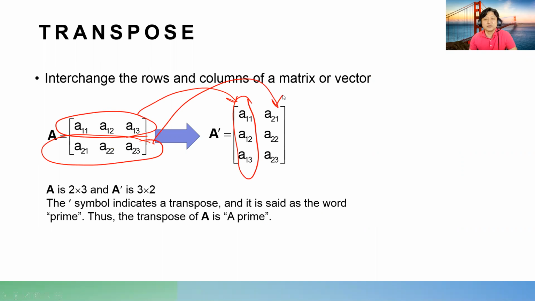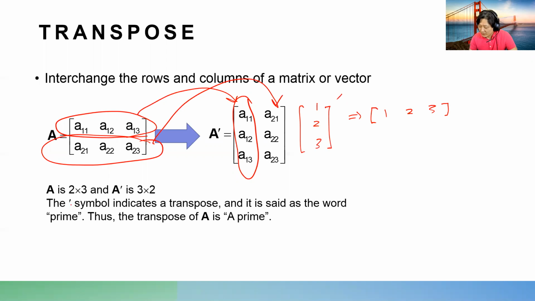This is the transpose. So for example, 1, 2, 3, we have one column vector. If I transpose, it will be 1, 2, 3, a row vector. Okay, so this is the transpose.